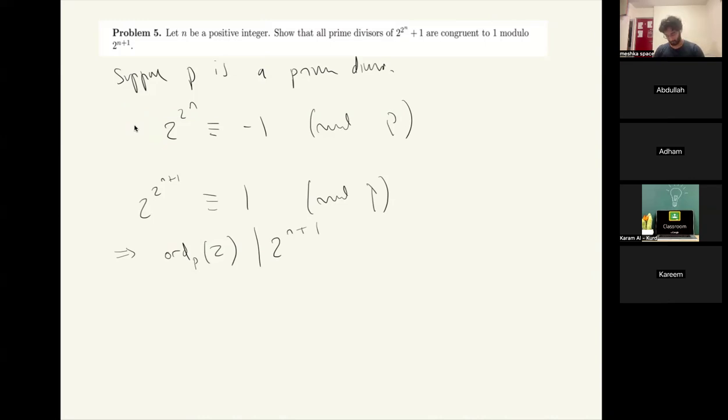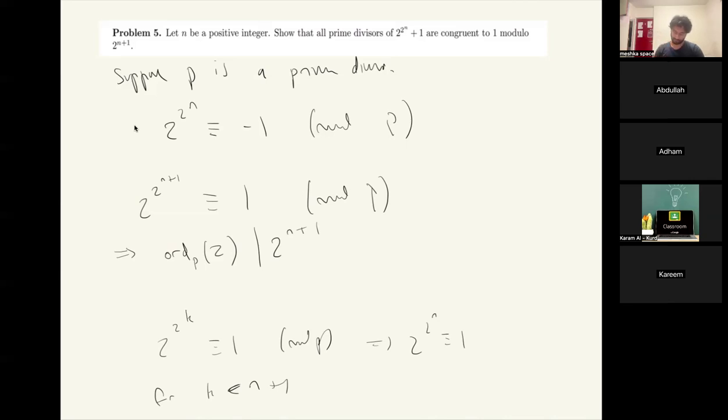So you're saying if I had 2 to the 2 to the k congruent to 1 mod p for k less than n plus 1, then it would imply that 2 to the 2 to the n is congruent to 1. Yeah, just raise it to the power 2 to the n minus k. Exactly.